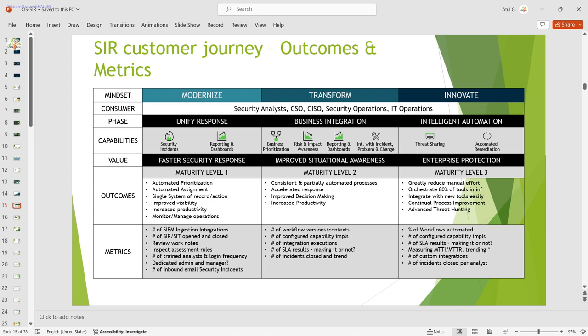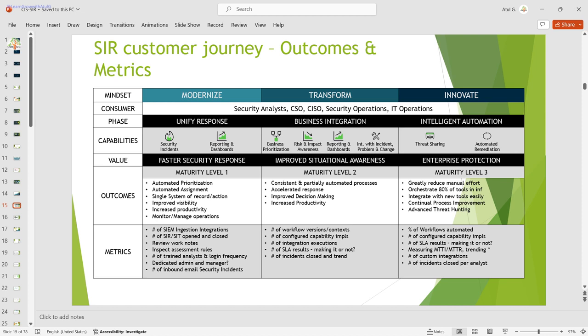Now if I am a customer, how can I make sure that this journey fits my part? So here ServiceNow says 3 things, and this is again important from the examination point of view, but the important point is these 3 lines only. Number 1, modernize. Number 2, transform. And number 3, innovate.